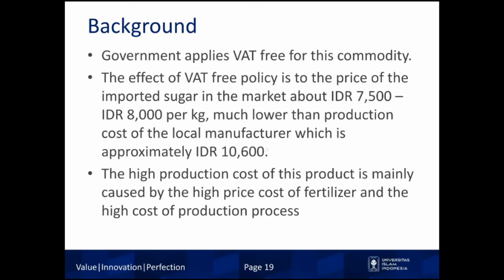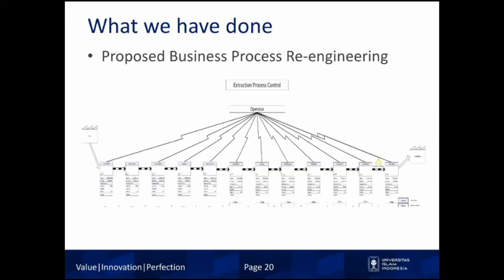So why the manufacturing cost is high is mainly because of the high price of fertilizer and high cost of the production process. So what we have done is we propose a business process re-engineering of the whole process of the manufacturing.